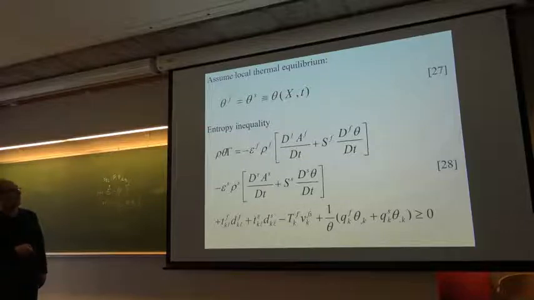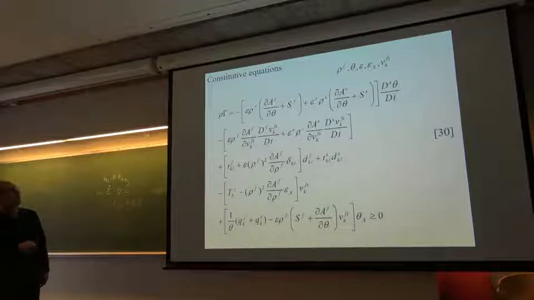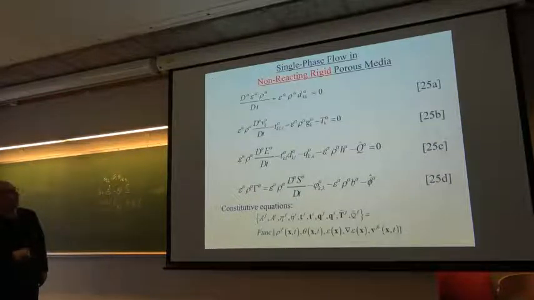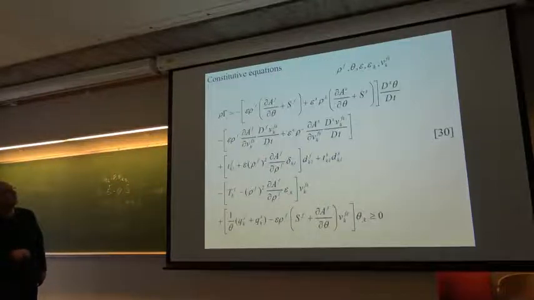So if I do that, the entropy inequality now becomes this. I introduced that earlier, except that now I don't have TF and TS. And if I expand the fact that A is a function of these quantities, then I get, yeah, this is the expanded form.